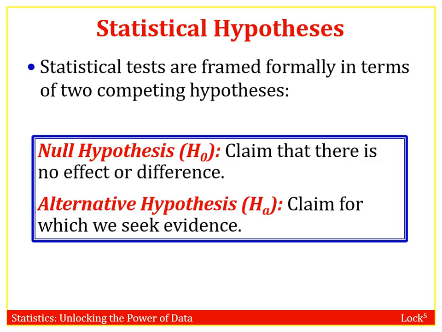And that's either going to be a greater than, or a less than, or a not equal to. Now, your hypotheses are always referring to your population parameter. So if you're dealing with average, that is your mu, because that's dealing with your population. Or if it's a proportion, that's going to be your p with nothing above it.